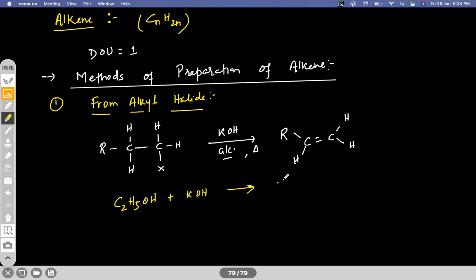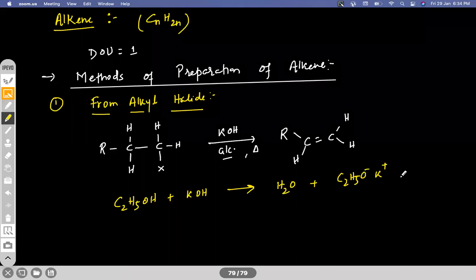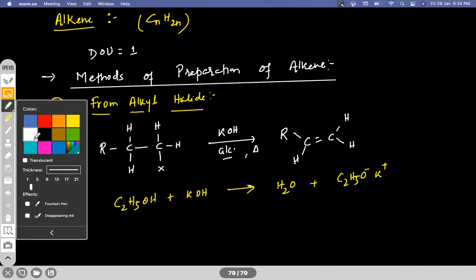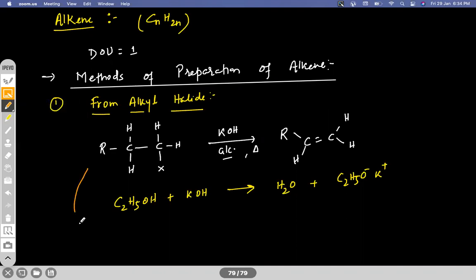H plus and OH minus form H2O, and we get a salt, C2H5O minus K plus. This salt takes beta hydrogen from the molecule. The carbon which has the halogen is the alpha carbon, and this carbon is the beta carbon, then gamma, delta, and so on.